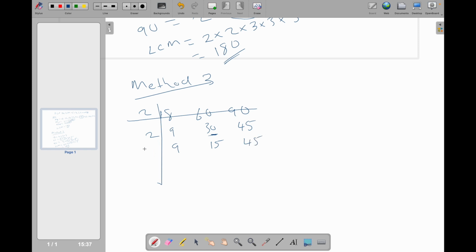We just carry 45. And now we go to 3, because we can divide this by 3.